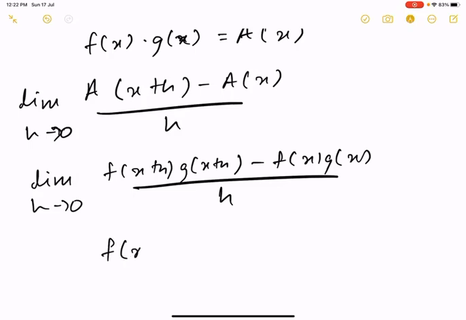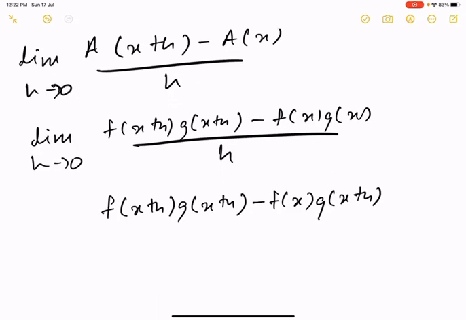What you do is, f of x plus h g of x plus h, I will subtract f of x g of x plus h. Now since I have subtracted this extra quantity, I will also have to add it, otherwise my question will change. Because minus plus it becomes 0, this whole thing is nothing but plus 0, no?